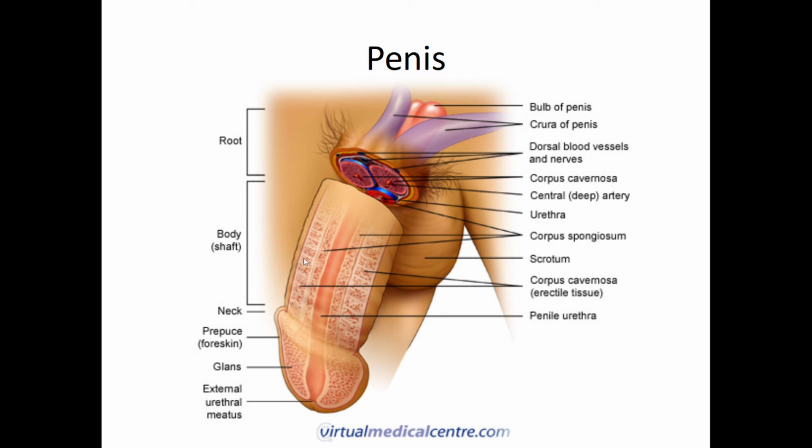In an uncircumcised person, you would have a prepuce, a foreskin, wrapping around this as a protective part. But running through this, we have these erectile tissues, we have the blood vessels, and of course we have a lot of nerves. So these are the things we're going to look at.